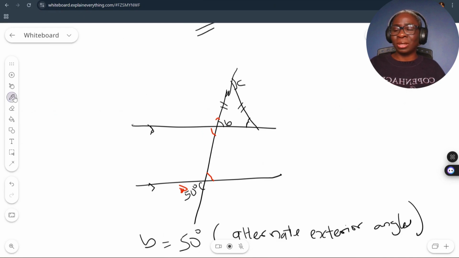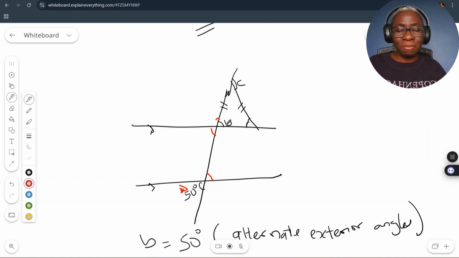If you look at this triangle now, you realize that, like I said the other time, this is an isosceles triangle. So if this is B, this B is 50, that means this place is also 50. And if this place is 50 and this place is 50, then we already know what this will be, because the sum of angles in a triangle is 180 degrees.